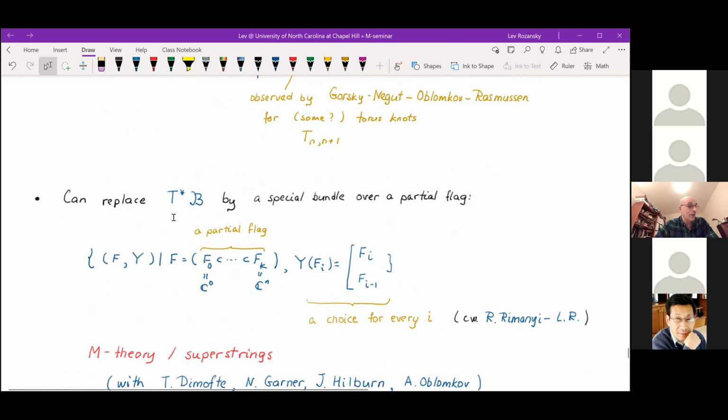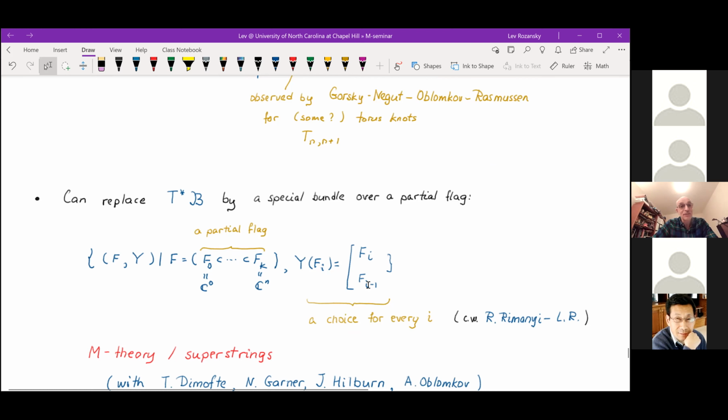Another extra is that you can replace our main object, T*B, the cotangent bundle to flags, with a special bundle over a partial flag variety. So take a partial flag and take matrices Y which respect this flag in a prescribed way. So at each i, you make a choice whether you want to send a subspace to itself or to the lower one.